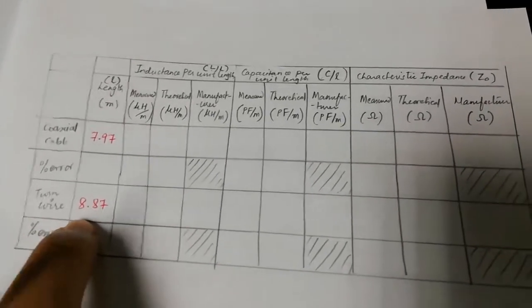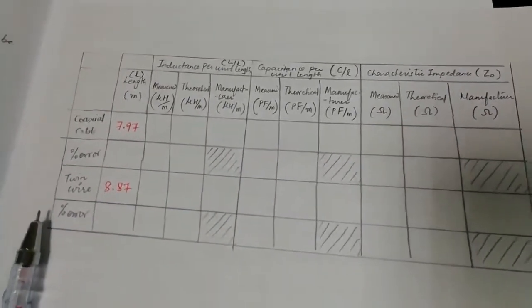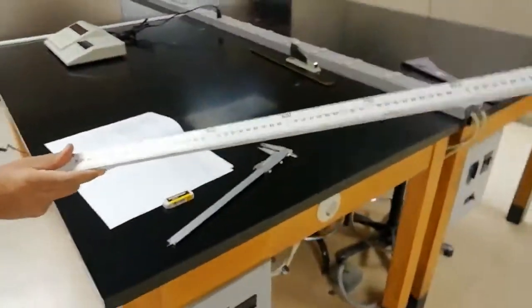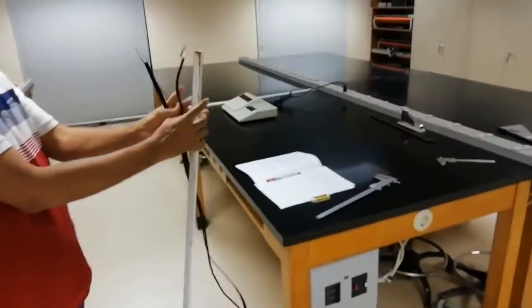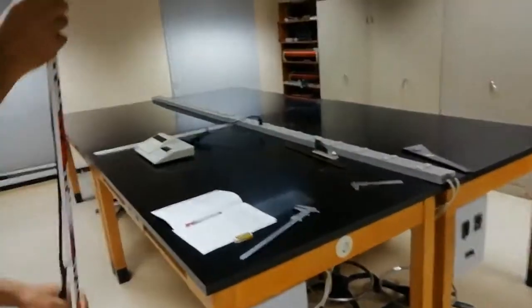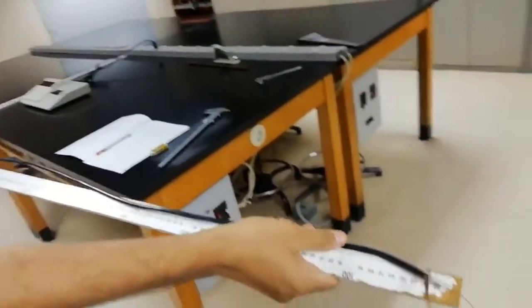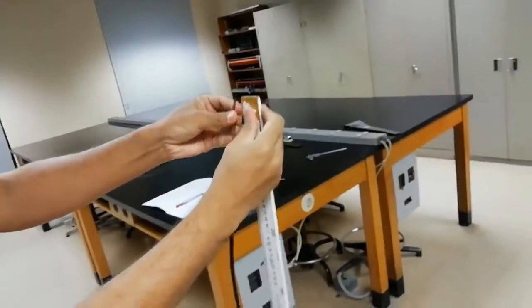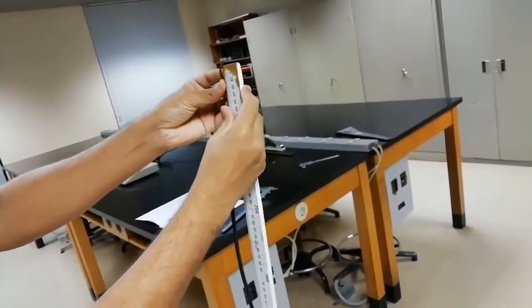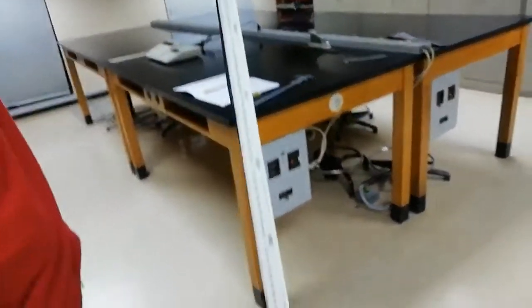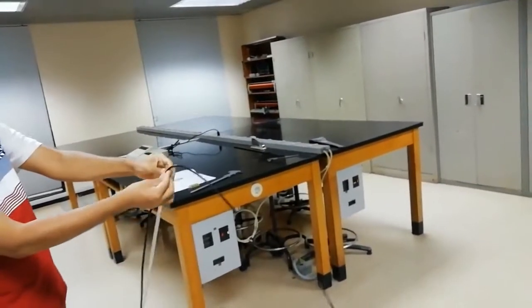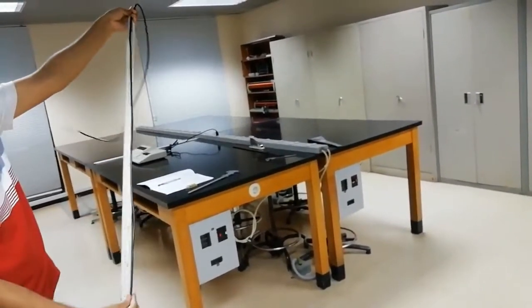How I measured it is very straightforward. We are going to take a meter scale, and then we can just physically measure it like this. We just need to be careful that we have to measure it from here, from the center conductor, 1 meter, and then you continue like this, 2 meters.